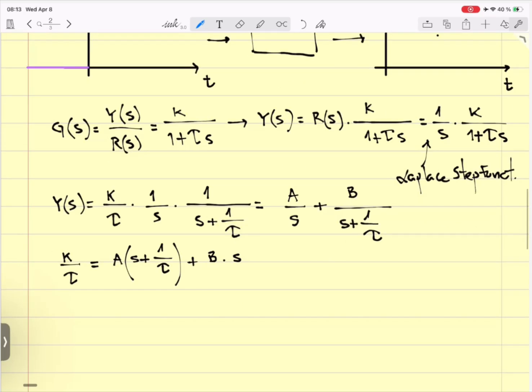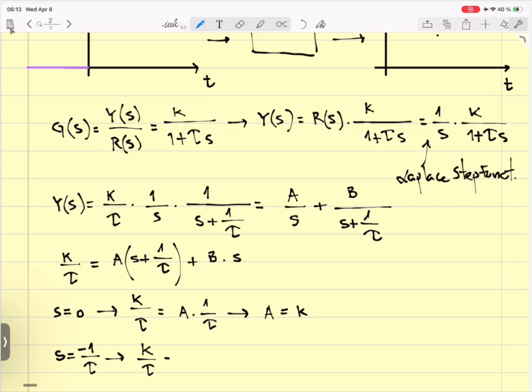Okay, so if s becomes 0, then k divided by tau equals a times 1 divided by tau, so a equals k. If s equals minus 1 divided by tau, then k divided by tau equals minus b divided by tau. So b equals minus k.